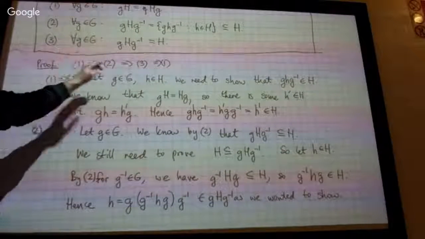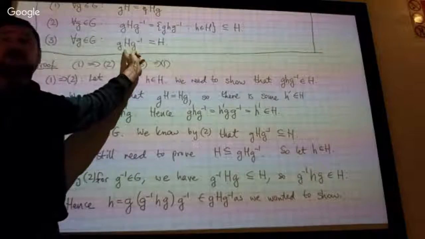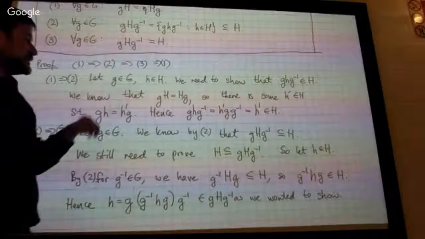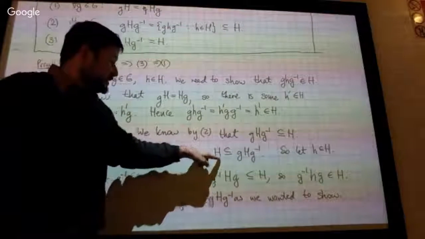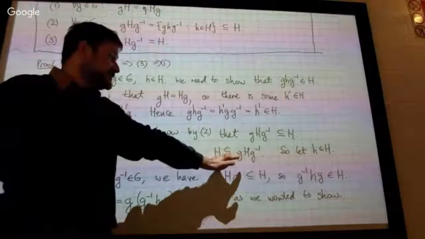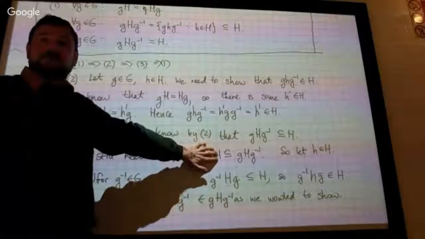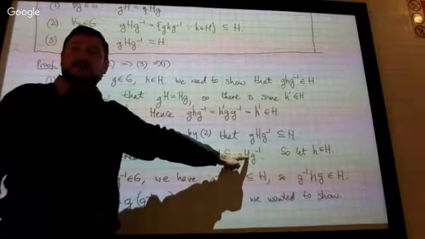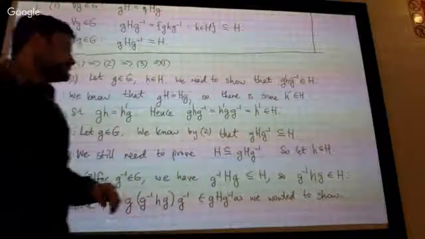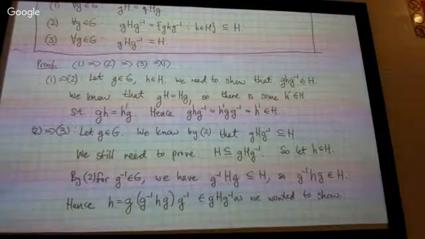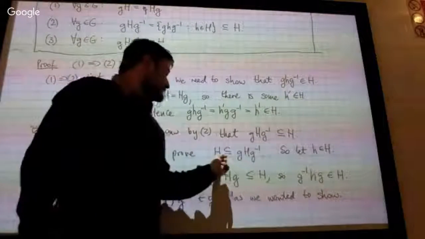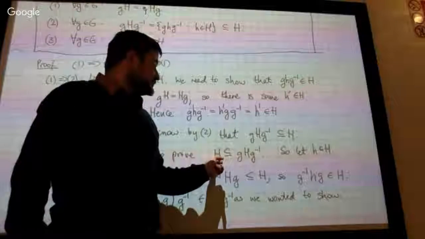So we only need to show that H is a subset of GHG inverse. To show that, we take any element here and prove that it's also there. That's the definition of a subset. So take anything in H, and we're trying to prove that it's in this set.